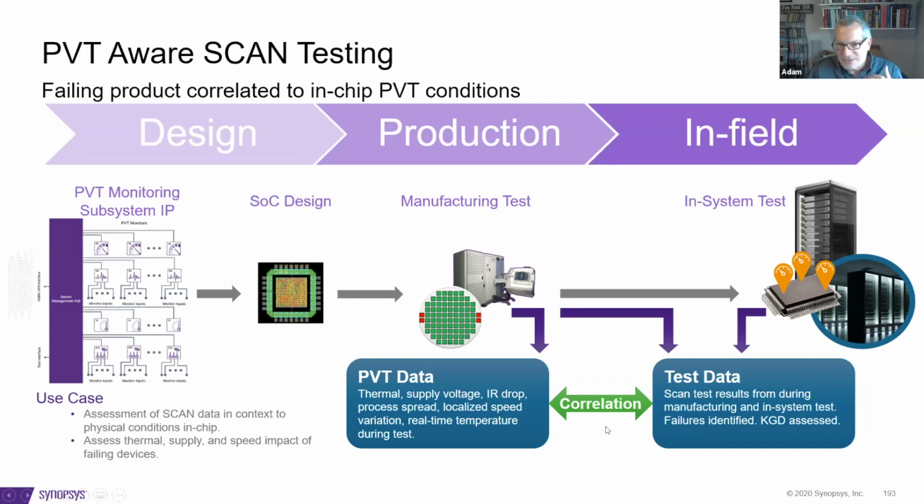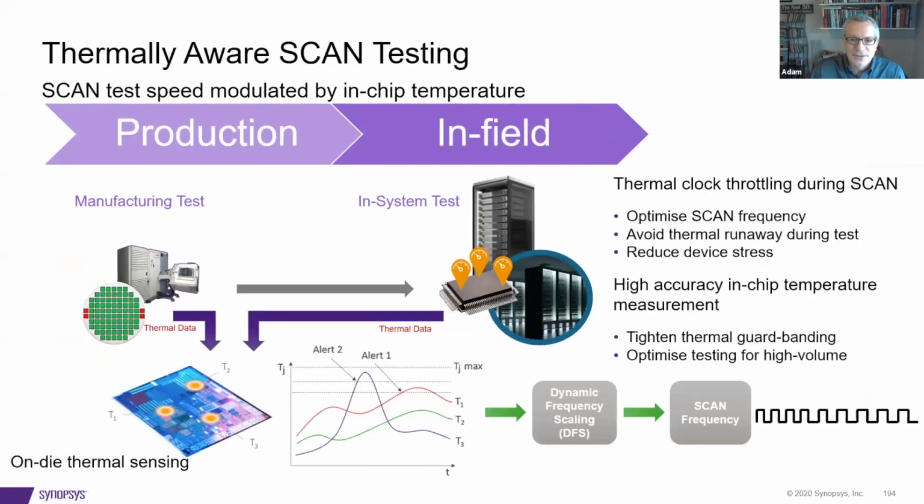And again, these kinds of things can also be used out in the field to help change or adjust things from a logic business standpoint or for other kinds of system performance applications like DVFS.